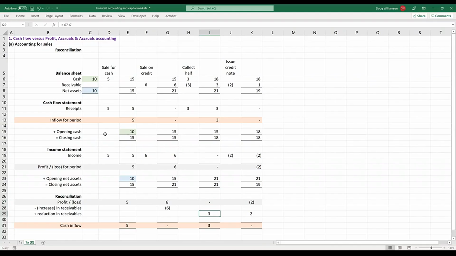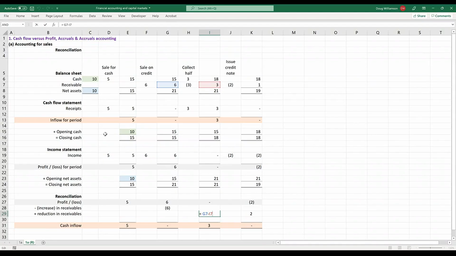So receivables reduced. So reduction in receivables means things that were on the balance sheet expected to be received in the future are no longer to be received in the future. In this case, because we've collected, so there's items in cash that are not in income.